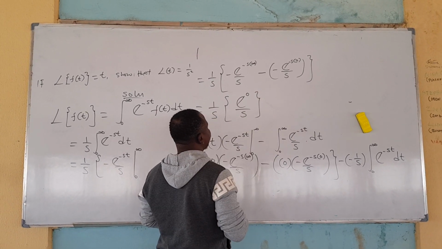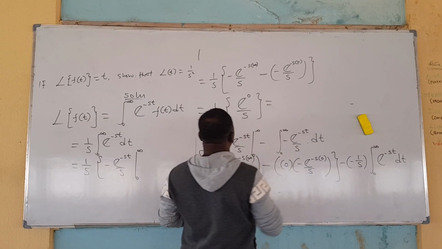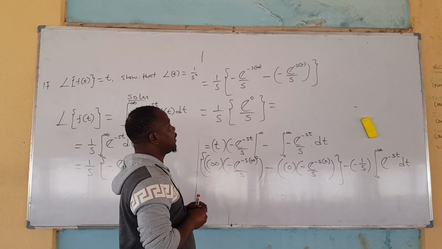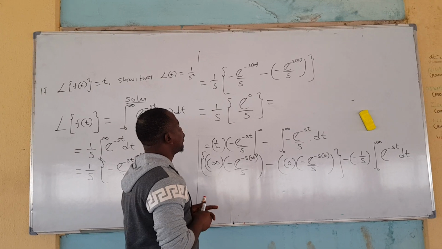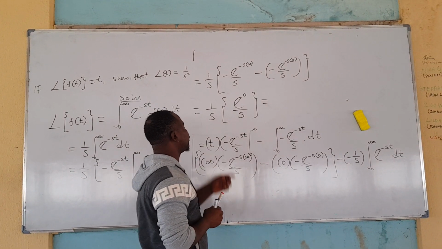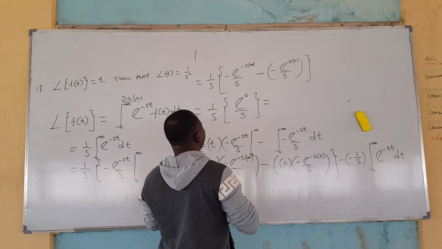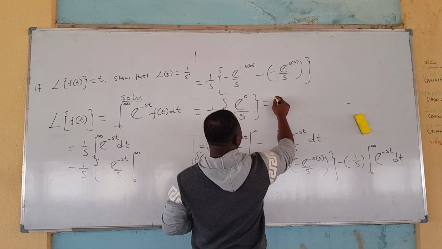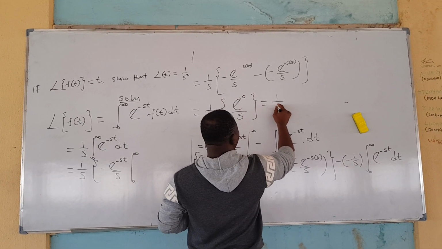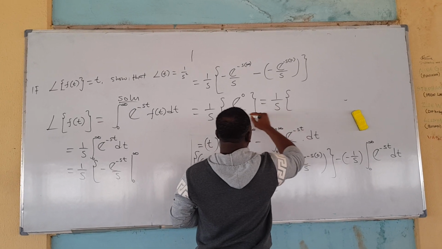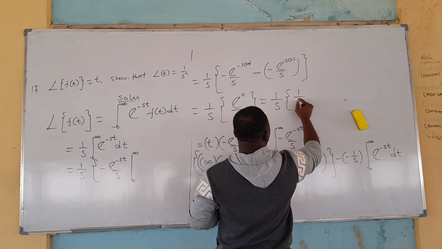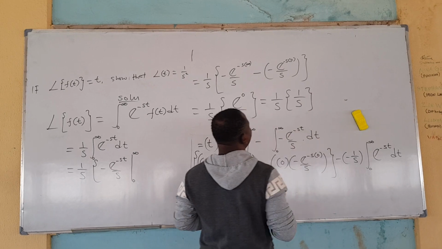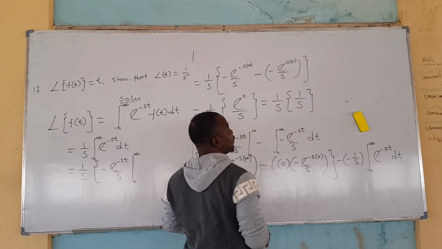In mathematics, anything raised to power 0 gives you 1. So exponential 0 will give us 1. Then we have 1 all over s, all in brackets, 1 all over s. Then we have to multiply out this bracket.